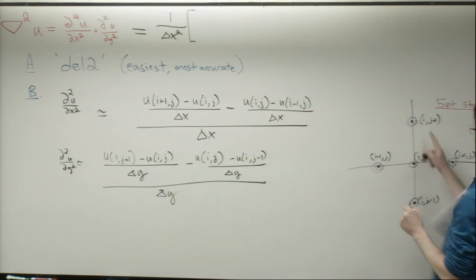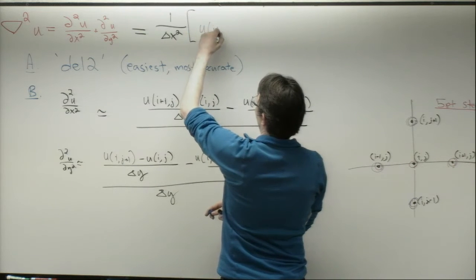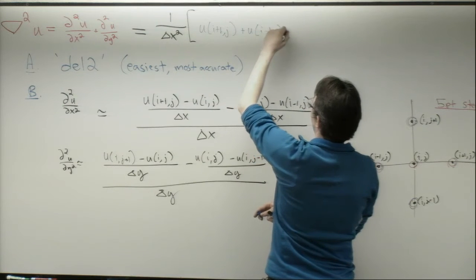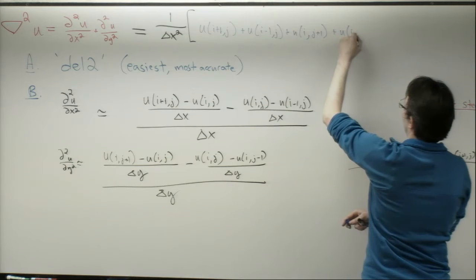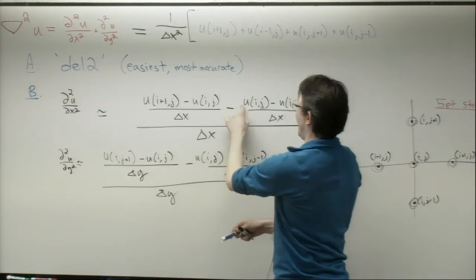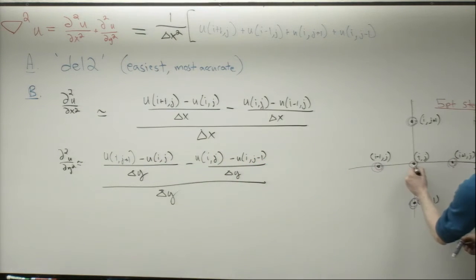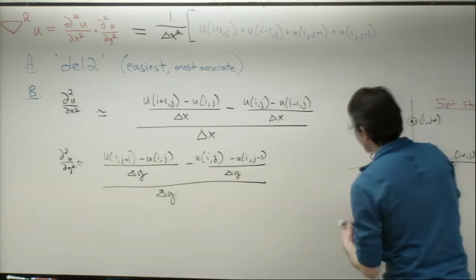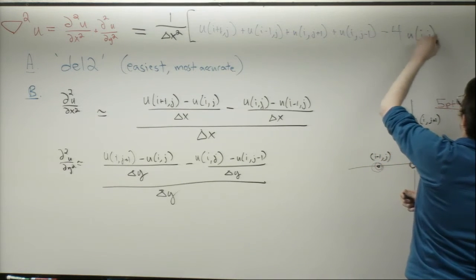So these 4 points, I have a positive value of u i plus 1 j plus u i minus 1 j plus u i j plus 1 plus u i j minus 1. And then I have 4 negative copies of my central point at index ij. So minus 4 u i j.